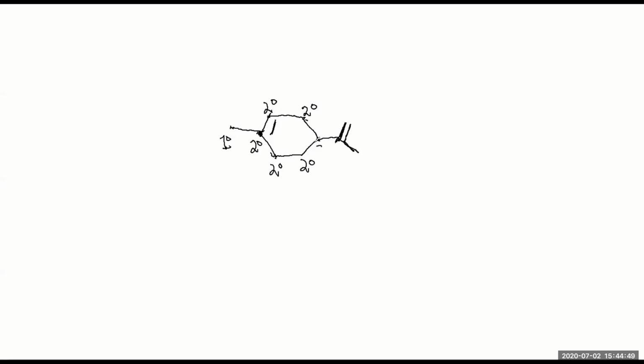This is tertiary because it's bonded to 3 carbons. This is also tertiary. This here is only bonded to 1 carbon, so it's primary. And then this carbon here is primary. Okay, so we can classify this as primary, secondary, or tertiary. So there's another example that involves carbon-carbon double bonds.